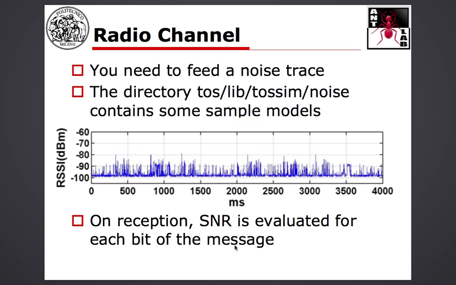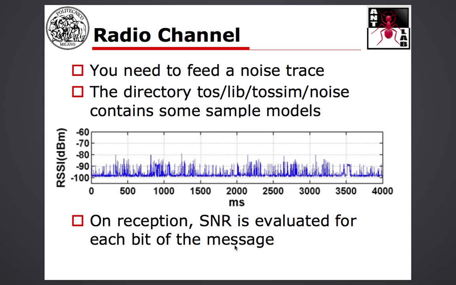Now, if the channel gain on the link is higher than the, let's say, interference value in this case, then the corresponding packet will be received, otherwise you will have an error. And this basically simulates the way a packet may be lost on a wireless link, depending on the noise that you feed in the simulation and the value that you have specified for the goodness of the link.